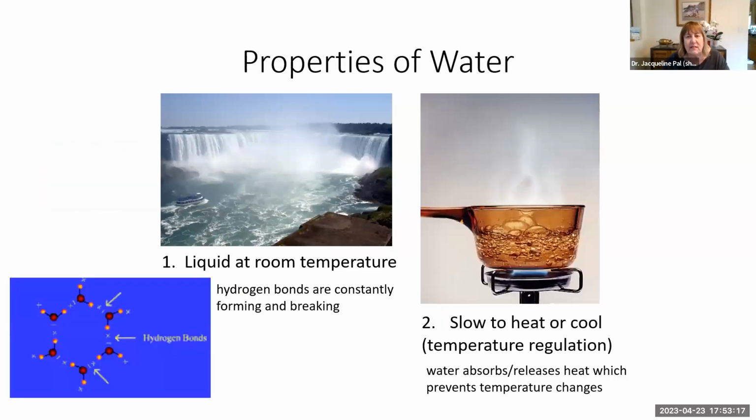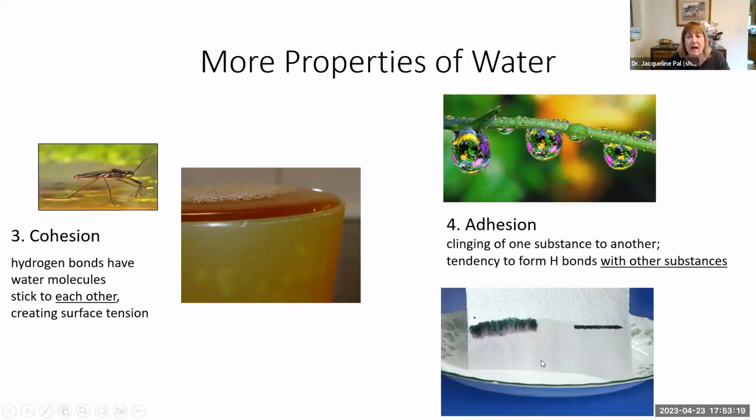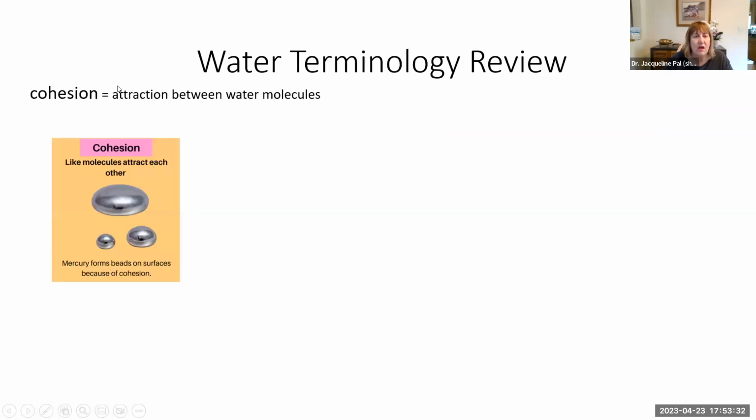Or for instance, if you put a paper towel in a liquid and you can see the water going up the paper towel, that is due to adhesion of the water molecule to the paper towel. So let's review that terminology real quick. Cohesion is attraction. In this case, we're talking about water between water molecules, but other molecules can have cohesion, like for instance, liquid mercury in the old school thermometers.